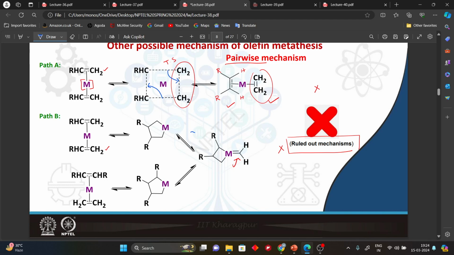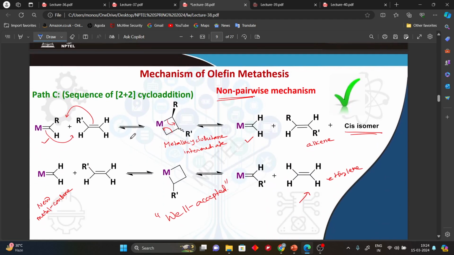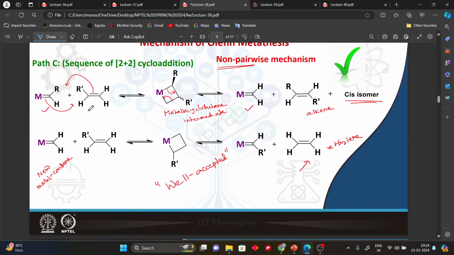So these are the pairwise mechanisms that were initially proposed, and this is the modern mechanism. At first, one of the units is executed like this, followed by another step that would lead to formation of this particular isomer.